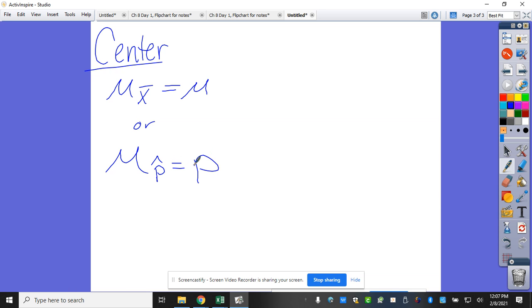The fact that it equals the population parameter just means that it is what? If the actual center is here and my center is here, that means my group is what? Biased. So that's the only reason that these are equal, because I'm biased.